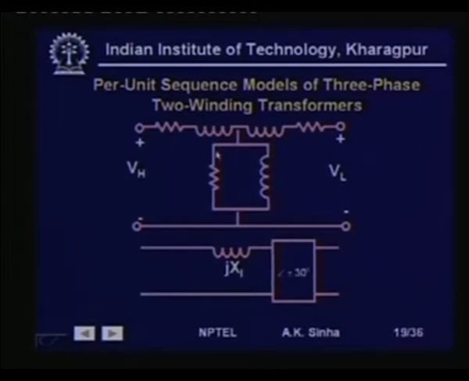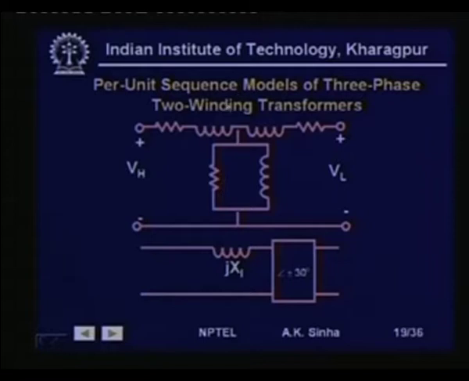Normally this current is much smaller and therefore the shunt circuit part of the circuit is not included. So, this part is neglected, and also the resistance of the transformer winding is much small compared to the reactances. So, they are also neglected. So, what we have finally is basically the leakage reactance of the winding on both sides added together in per unit.